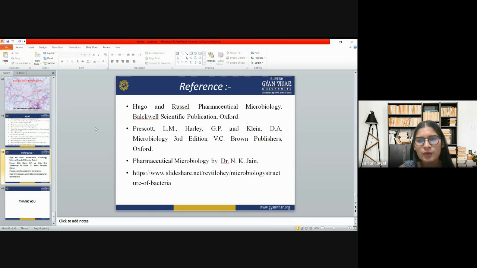For the reference purpose, you can go through the pharmaceutical microbiology of Blackwell scientific publication, Oxford. So this book is very helpful to study in detail. Then we have a Brown Publishers Oxford Microbiology 3rd edition by Prescott, LM, Hadley, GP and Callan, and you can also go through these books.